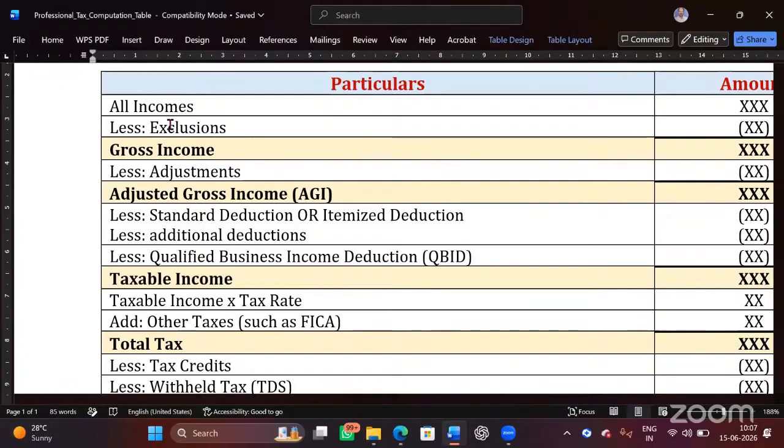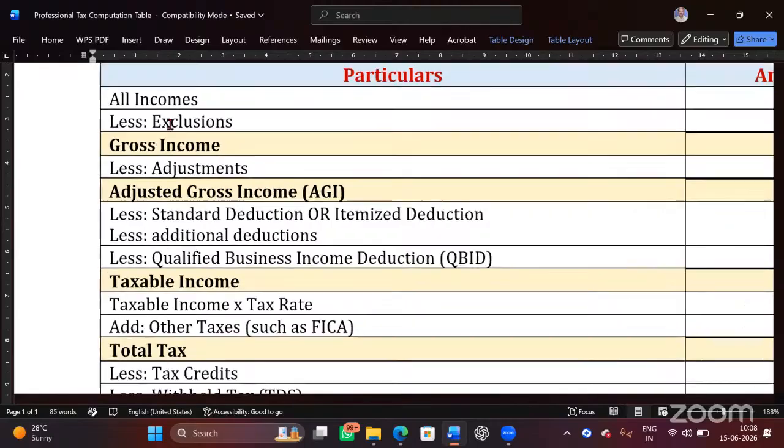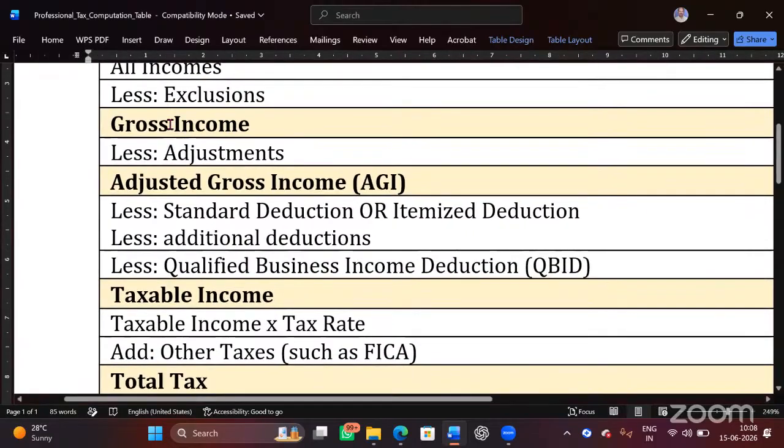From that adjusted gross income, again many other deductions are allowed. Those deductions are basically divided into 2 types. Type 1 is standard deduction or itemized deduction. Second item is additional deductions. These additional deductions are recently added.